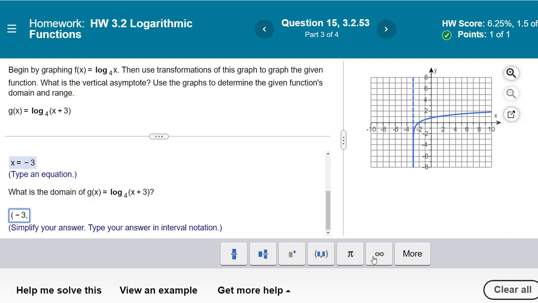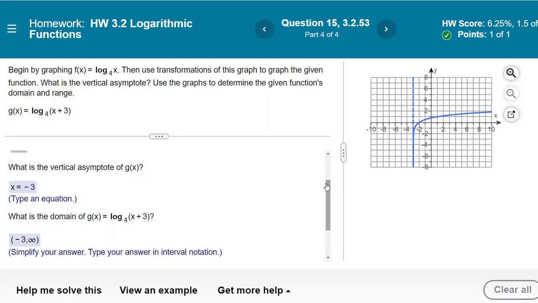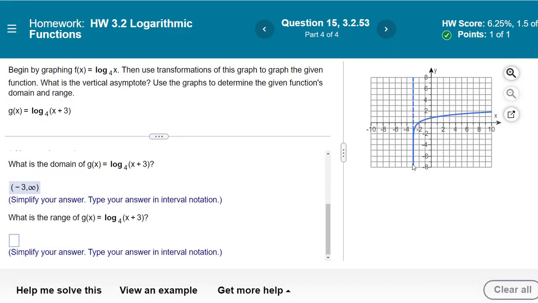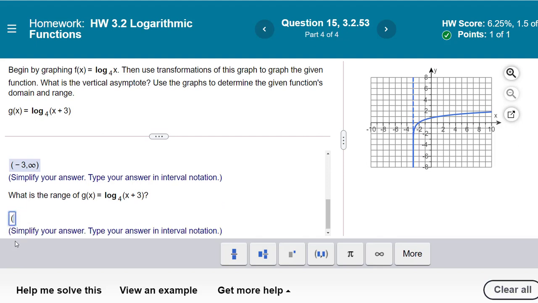But it goes to infinity, and you can tell that by looking at the graph. It comes close to the asymptote but never touches it, but it goes to the right forever. And it'll ask you what the range is, and the range is from way down here, and then this slowly creeps up over time, so it's going to be from negative infinity to positive infinity.